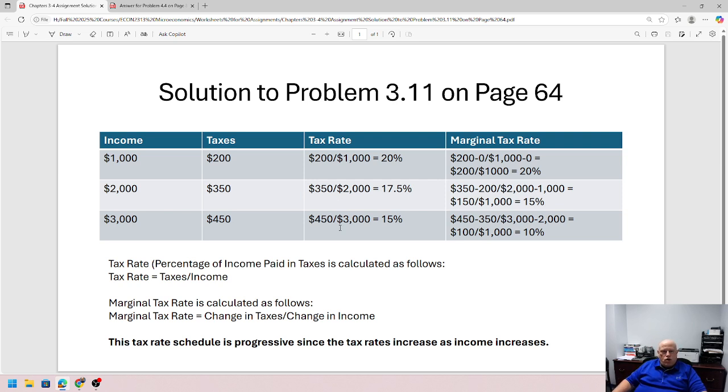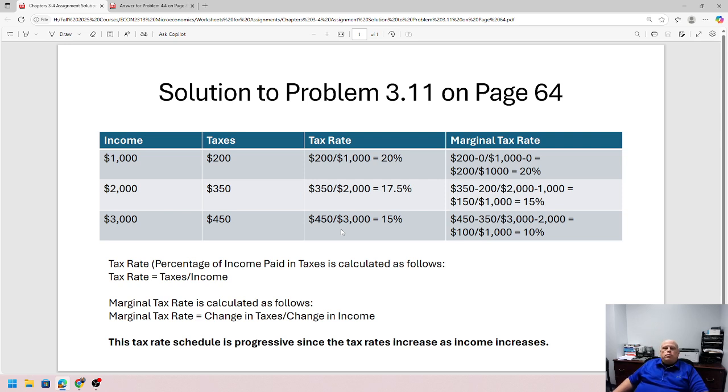And then on the third income, which is $3,000, it was $450 in taxes. So it's just a ratio. You just take $450, which is the taxes, over the income, $3,000, and that gives you a 15% tax rate.